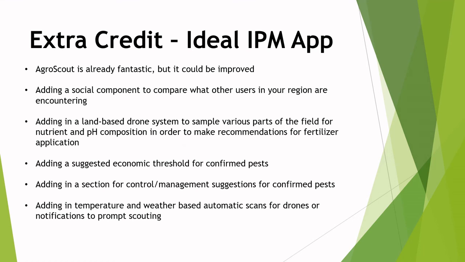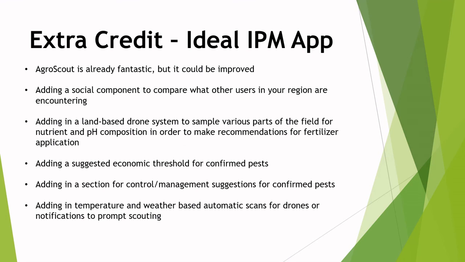And then adding in a land-based drone system would be really beneficial, because you could use them to sample parts of your field either before or during the growing season, to check the pH and the nutritional composition of the soil, to get recommendations for fertilizer application.